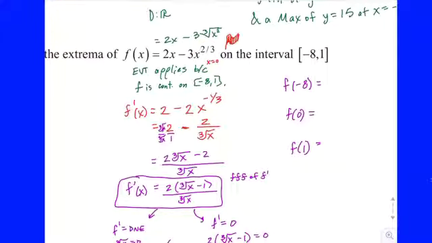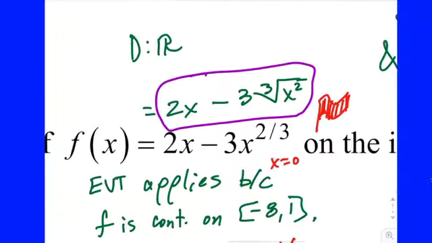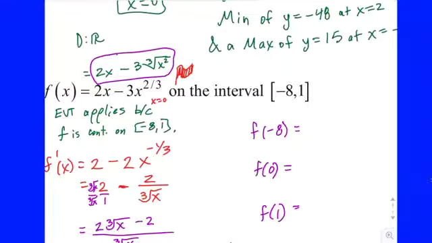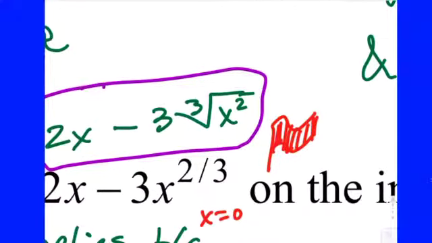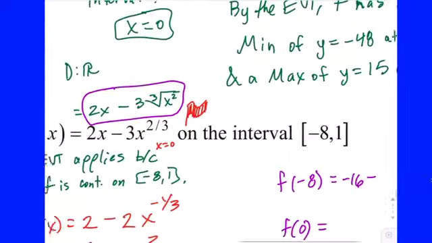Now, when you're evaluating it, notice the version that I wrote up above here might be a little bit easier to use, right? So if I plug in a -8 there, I'm going to get -16 minus. Now here, instead of squaring -8, let's take the cube root first. What's the cube root of negative 8? Negative 2, right? And then negative 2 squared, positive 4. Okay?